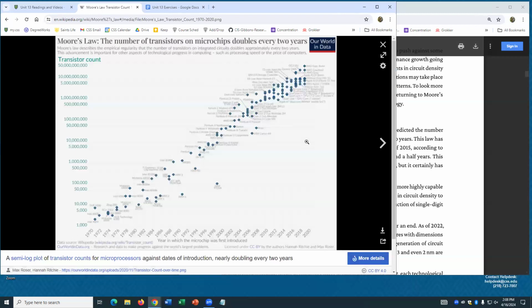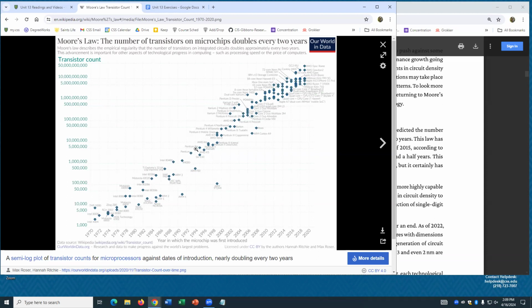Again, this is a nice graphic that shows us. Now, one thing that's often confusing: this looks like a nice straight line growth. Moore's Law is almost always shown as a straight line. But the reason it's a straight line is that the scale on the left side is exponential. So we go from 1,000 to 10,000 to 100,000 to 1,000,000. So this growth is very fast.